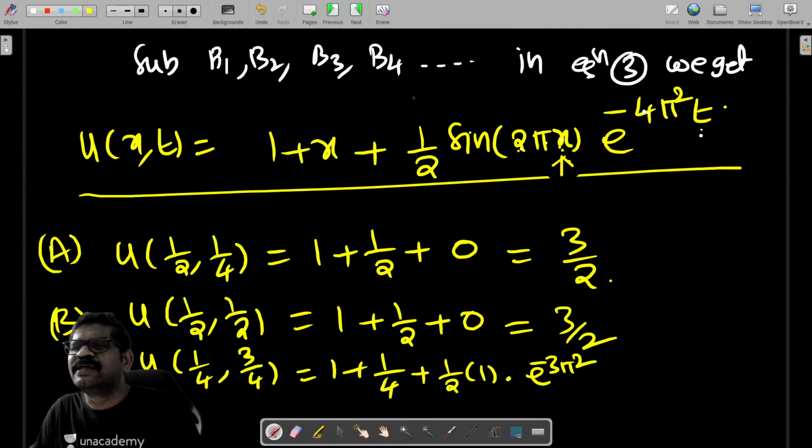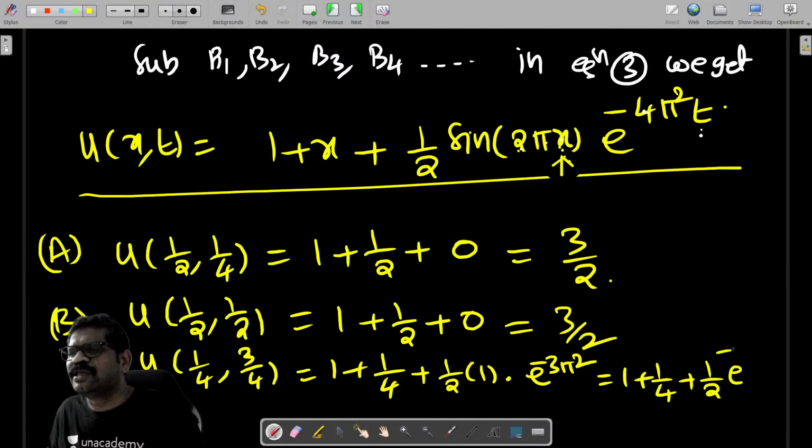Third option: 1 plus 1 by 4 plus 1 by 2 into e power minus 3 pi square.